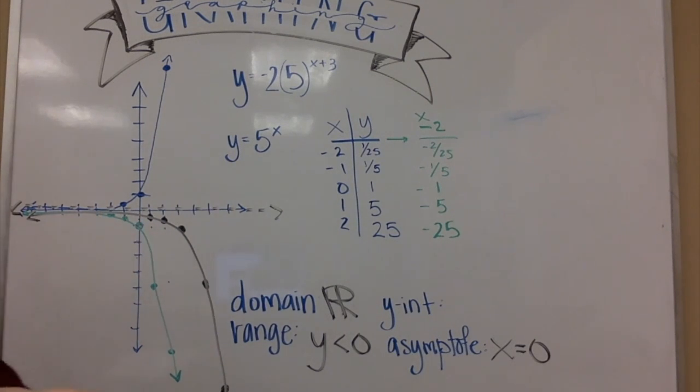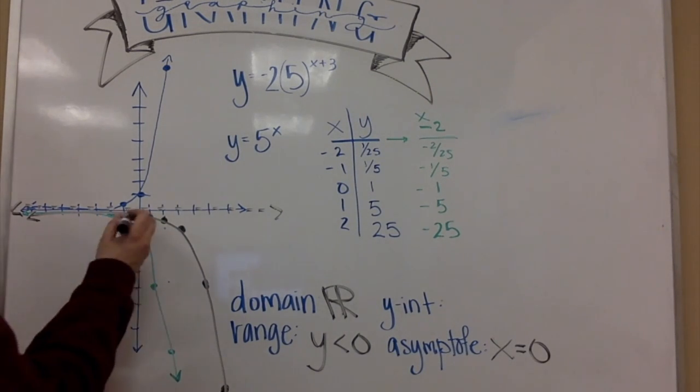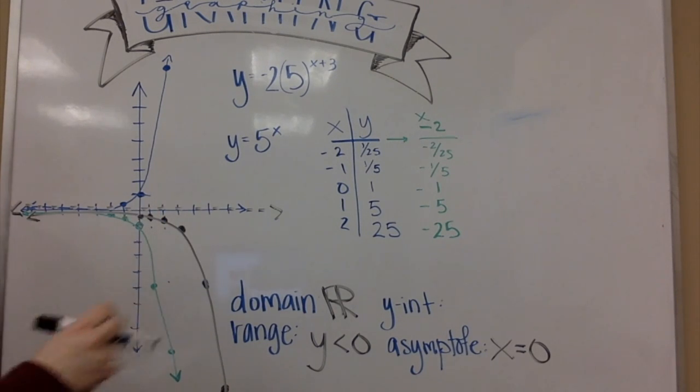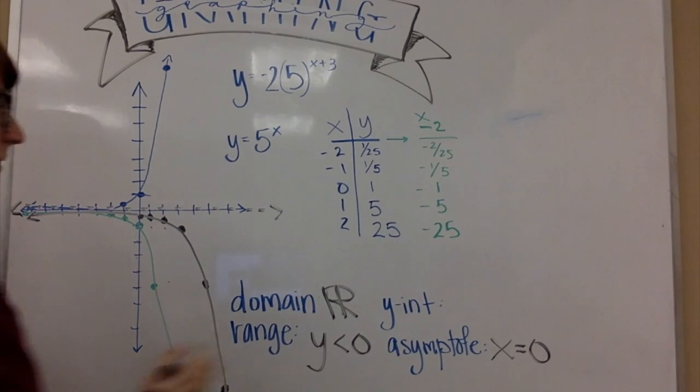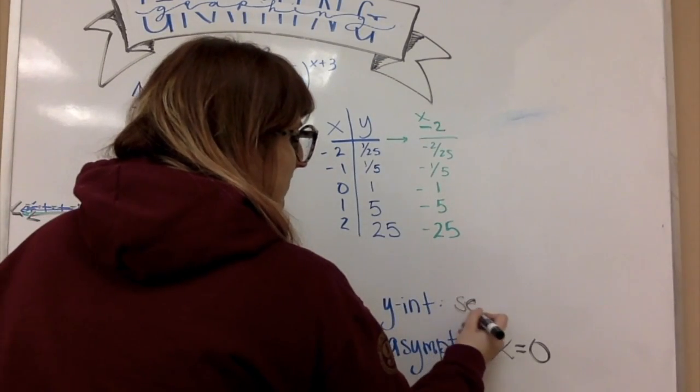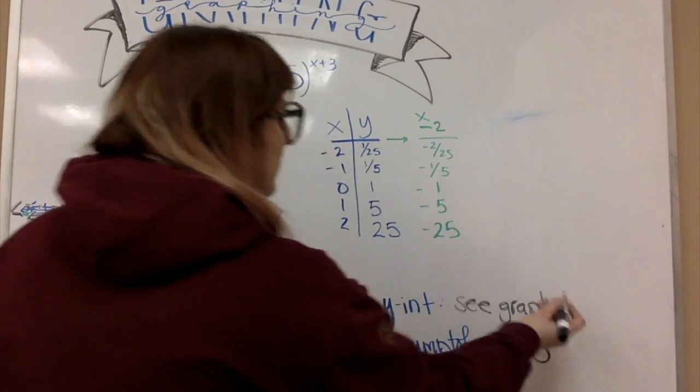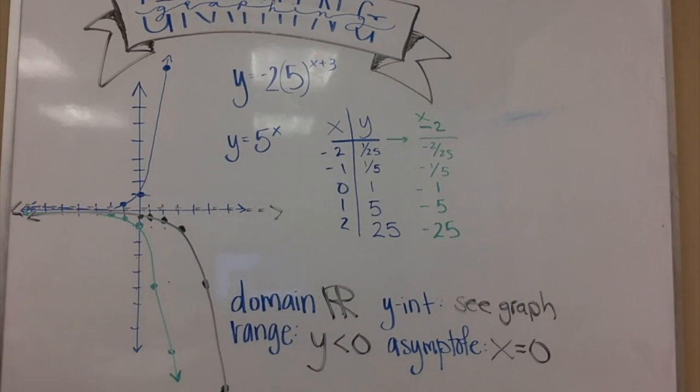On yours, it will be exact, but whatever value it goes through the y-axis right here, that is your y-intercept. So I'm going to say for this specific one, see graph. This was a little tricky, I'm sorry. On your test, it will be a lot more obvious what your y-intercept is. But anyway, here is how you graph an exponential function.